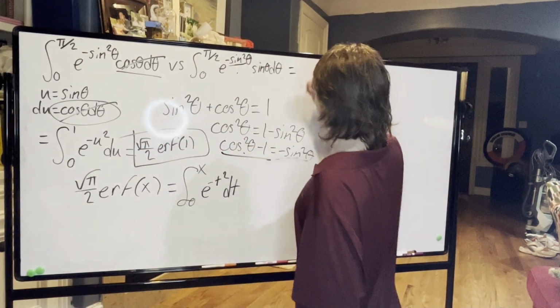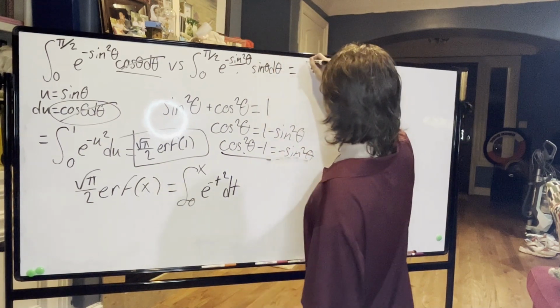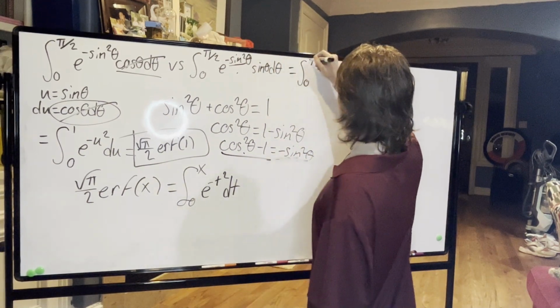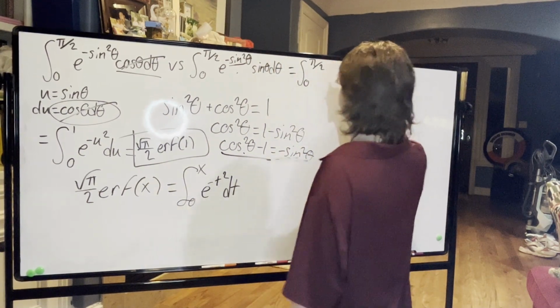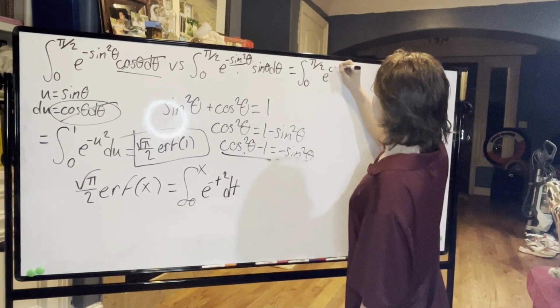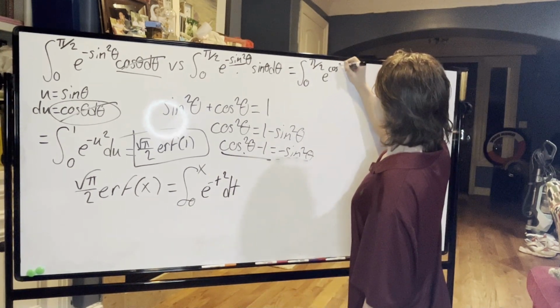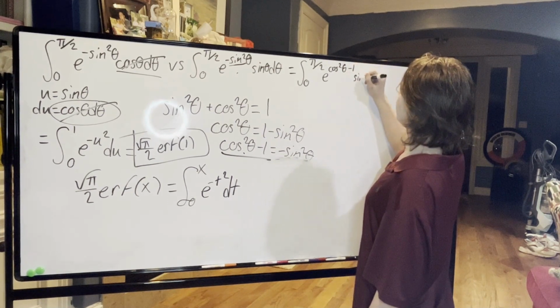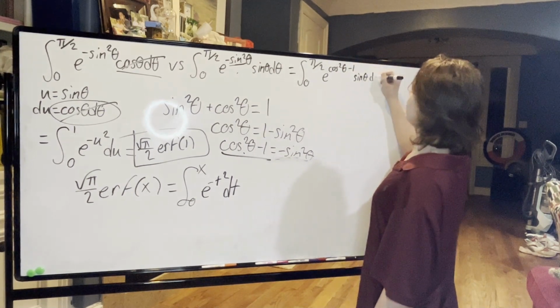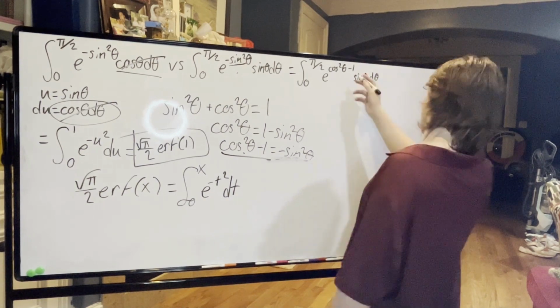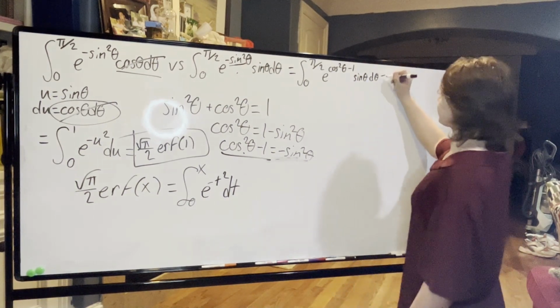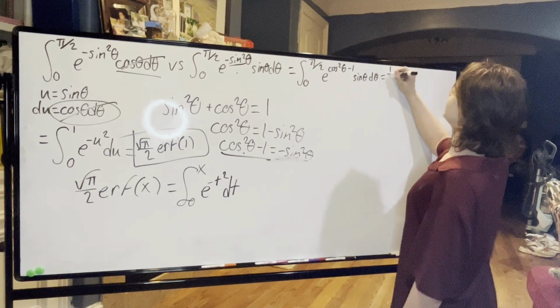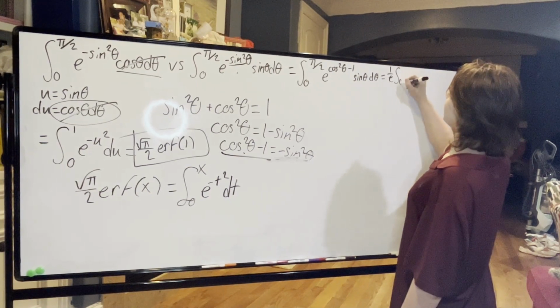So then, if we were to do that, we're going to get the integral from 0 to pi over 2 of e to the cosine squared of theta minus 1 times sine theta d theta. Factor out the minus 1. It's going to give us 1 over e times the integral from 0 to pi over 2.